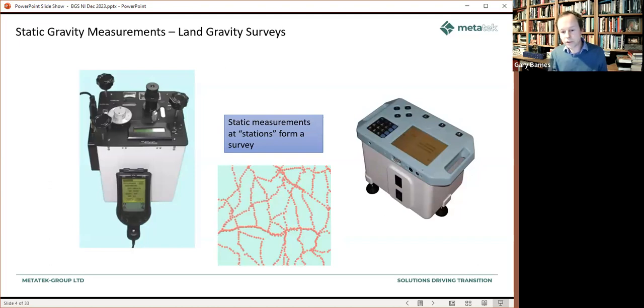And at each point, you're stopping, taking a measurement, writing it down, and then moving across to the next station. So it takes a very long time to build up a network of these gravity measurements. But over many decades, there have been a lot of land gravity measurements made, especially across the UK. There's quite good coverage. And later on in this presentation, we'll be having a look at some of the data that's been collected in Northern Ireland.